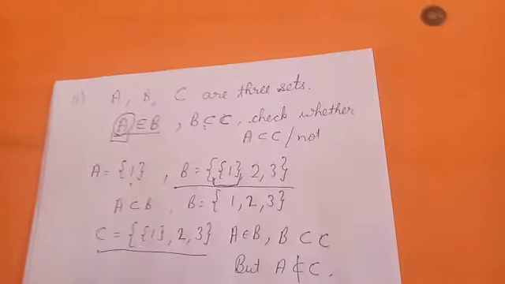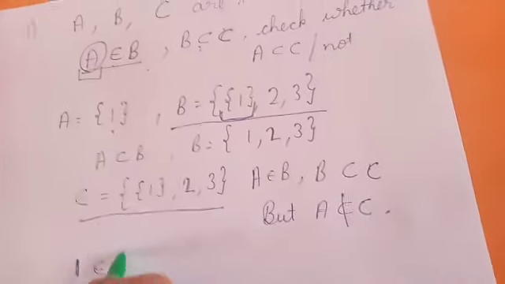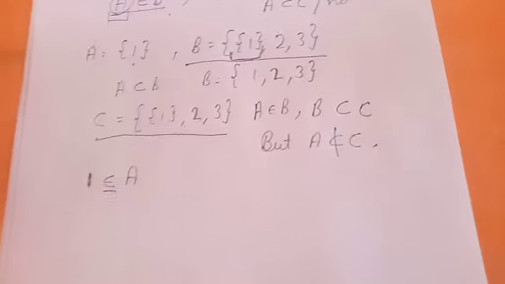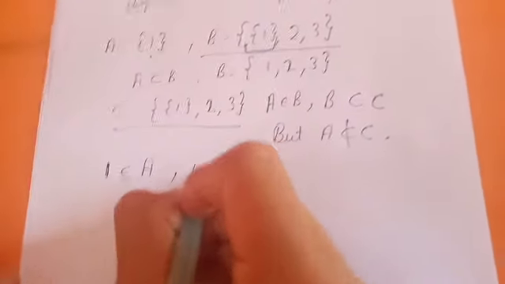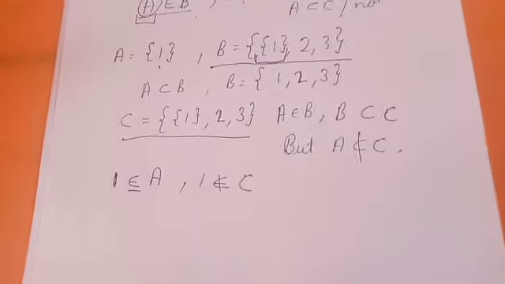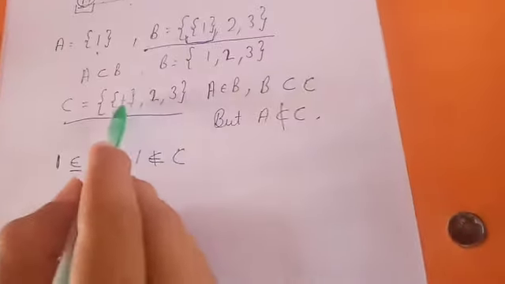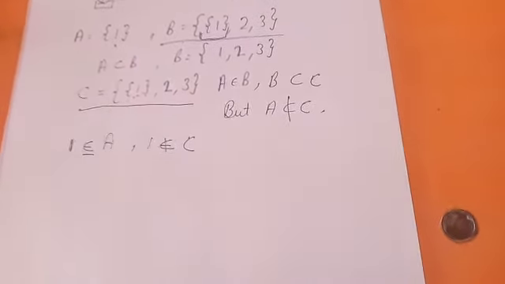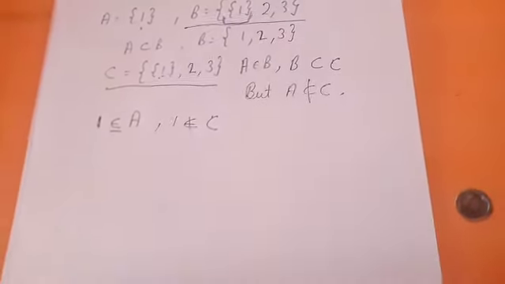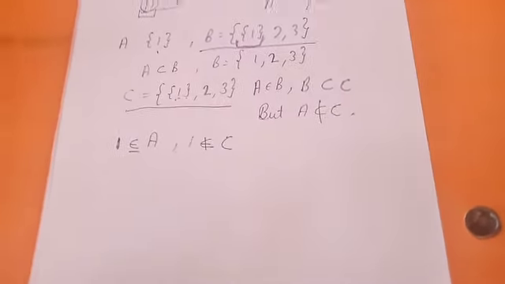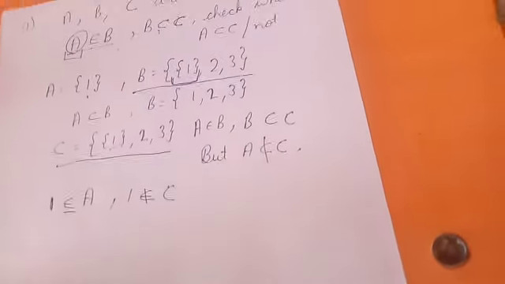Because 1 is an element that belongs to A. Okay, 1 is an element that belongs to A, but 1 is not an element in C. Okay, because {1, 2, 3} along with these brackets is one element, but only 1 cannot be considered as an element of C. That's why we can see that A belongs to B, B is a subset of C, but A is not a subset of C.